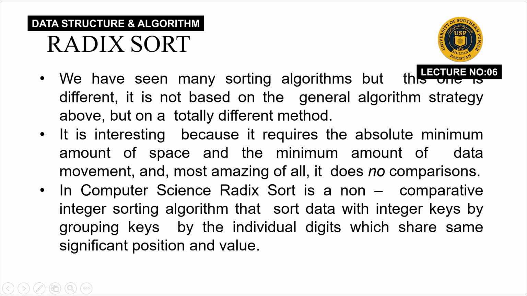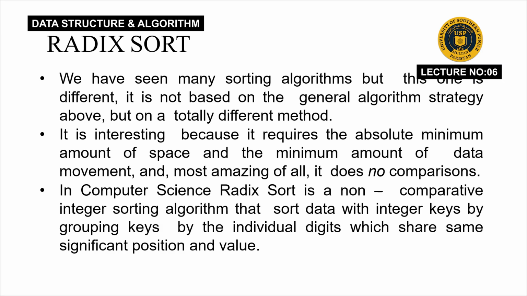Now we discuss one of the most important sorting algorithms, radix sort. We have seen many sorting algorithms, but this one is different. It is not based on the general algorithm strategies above, but on a totally different method. It is interesting because it requires the absolute minimum amount of space and the minimum amount of data movement, and the most amazing of all, it does not use comparison.